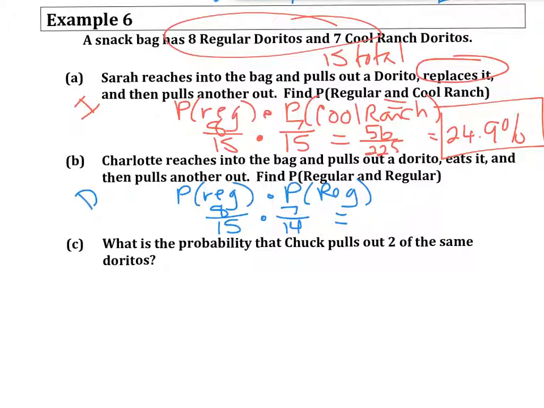So we will multiply and we will get 56 divided by 210. And as a percent, that's going to give us about 26.7.